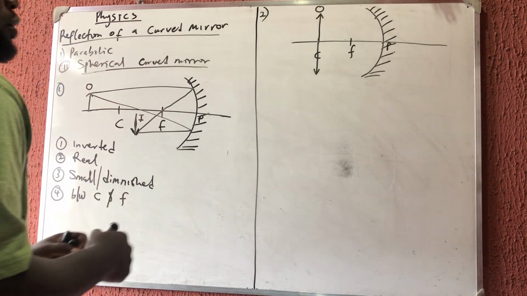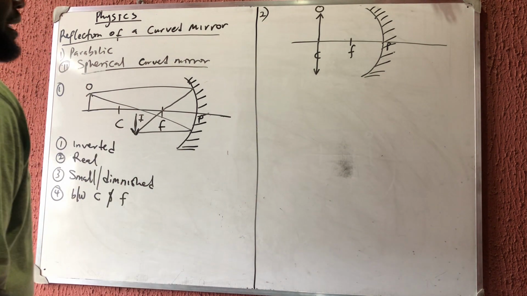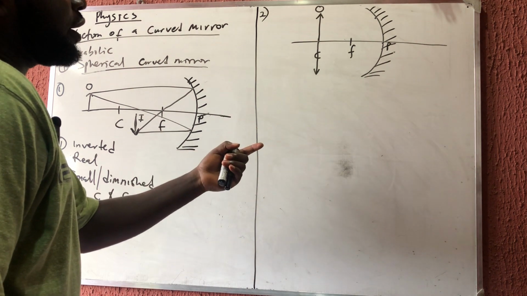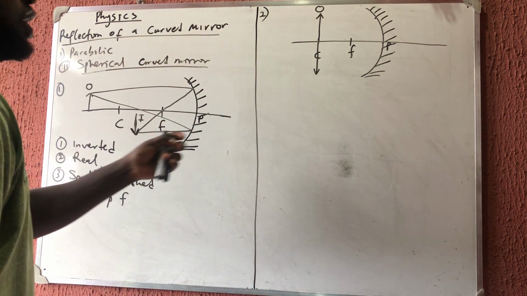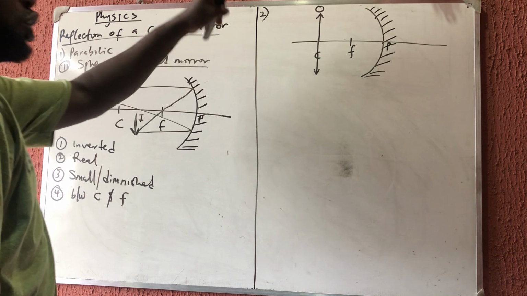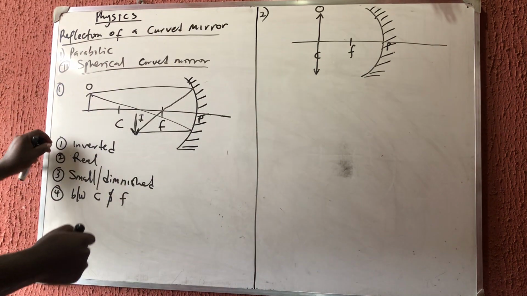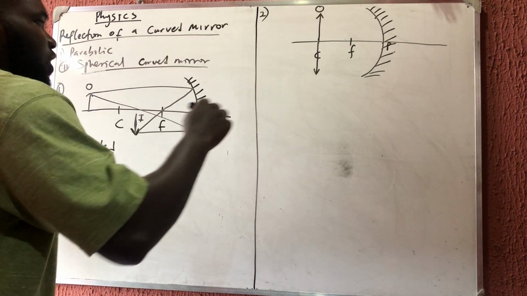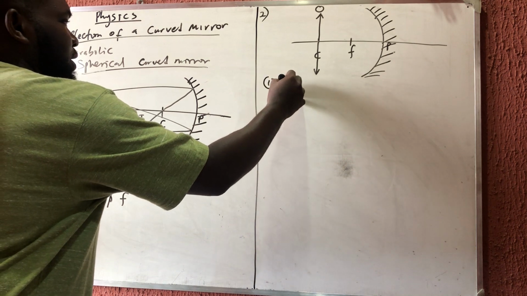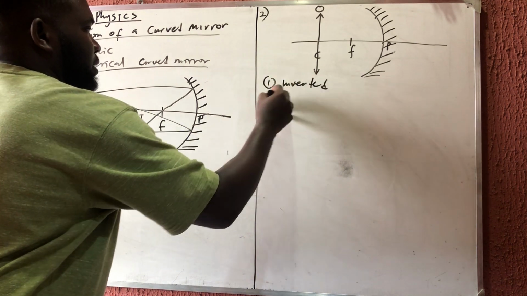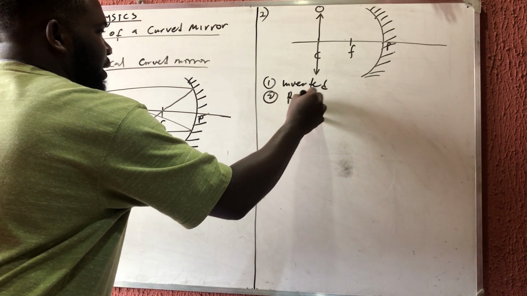it becomes the same. So if they want to tell you, write the characteristics of an image formed in a concave mirror when it is placed on the curvature, you tell them the 2 most important characteristics of every concave mirror, which is number 1 is what? It is inverted. All right, and number 2, it is what? It is real.